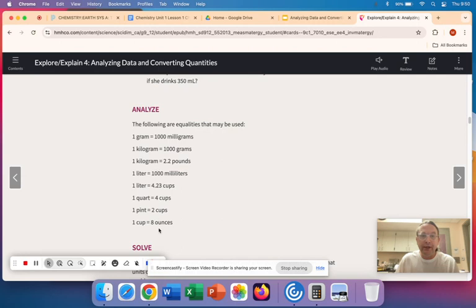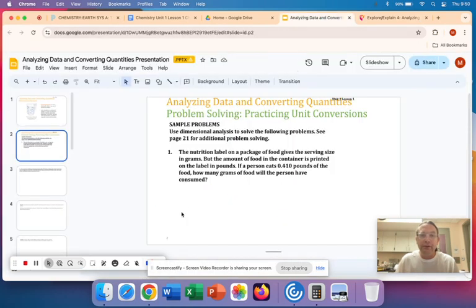So let's see, do I have an equality for that? I only have an equality for kilograms to pounds, and that's like 1,000 grams. So for this problem, we'll have to say, oh, pen. Let me change that to a new one. Okay, so we'll have to say 0.410 pounds. That's an L, by the way.